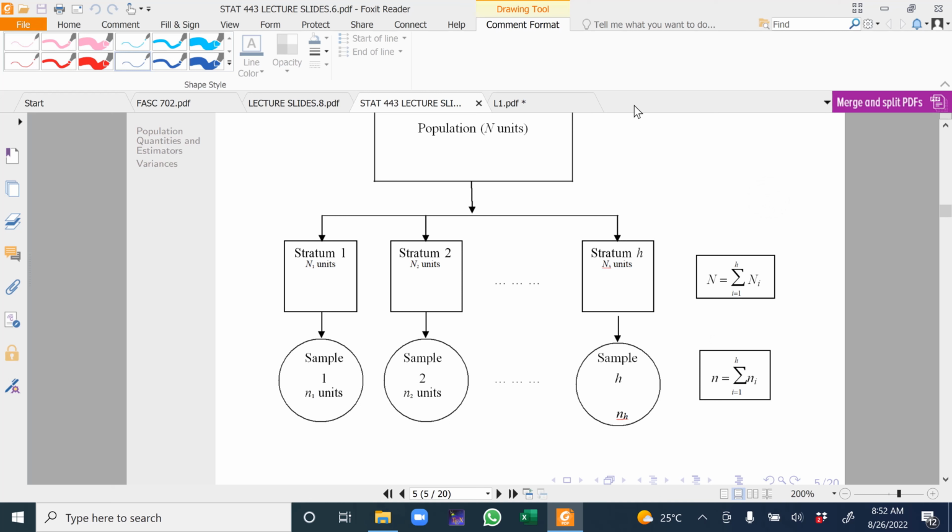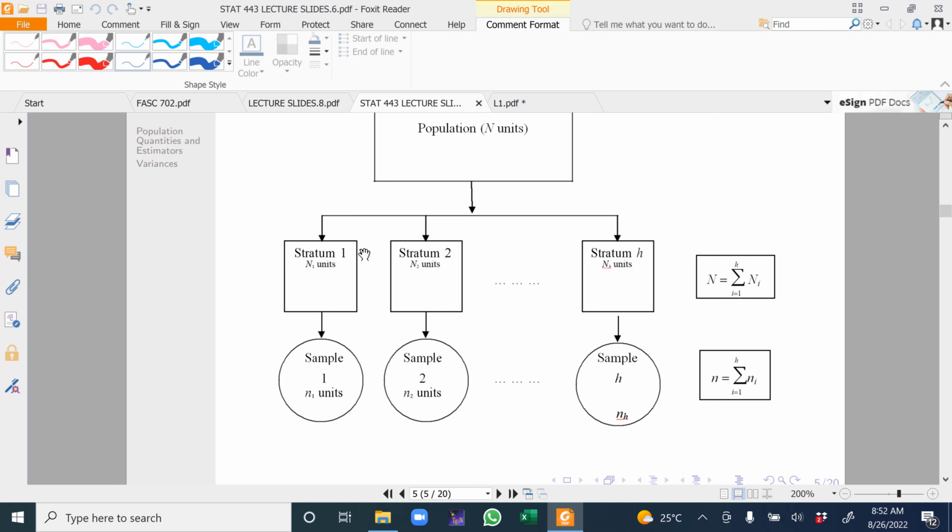So you have a population of capital N units that are heterogeneous in nature. You are going to divide your population into smaller subpopulations or subgroups that are now homogeneous in nature. Homogeneity is such that it is not the same for all strata.